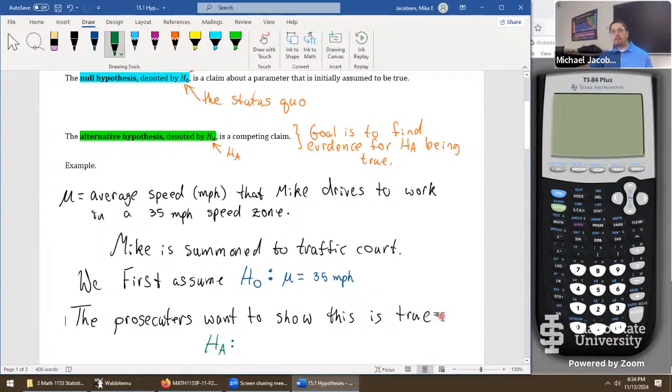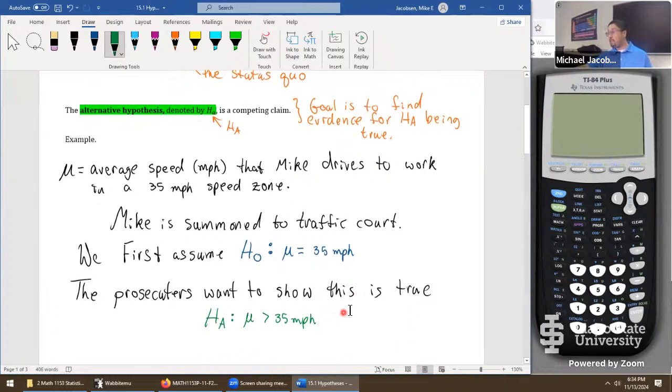And if they're trying to show the alternative hypothesis is true, and if they're trying to show that I am in fact really, really guilty, they would put here mu something 35 miles per hour. But what would you say ought to go here, right in the middle? Should it be less than or a greater than? Greater than, that would imply guilt majorly, right? That would mean I'm speeding and that I should pay for it, some kind of fee or something, maybe prison time, who knows? So that's what the alternative hypothesis would be.